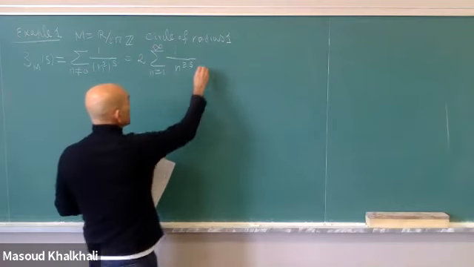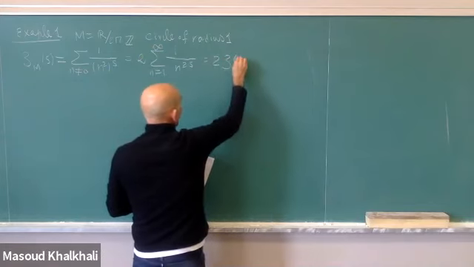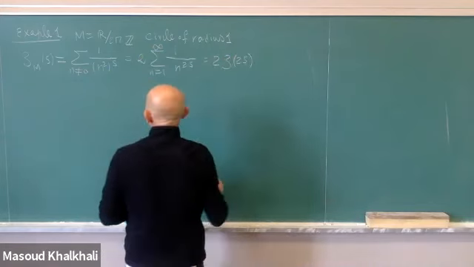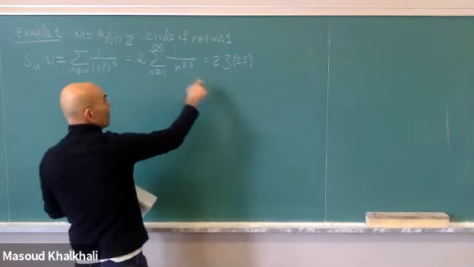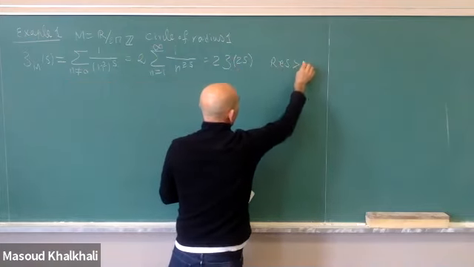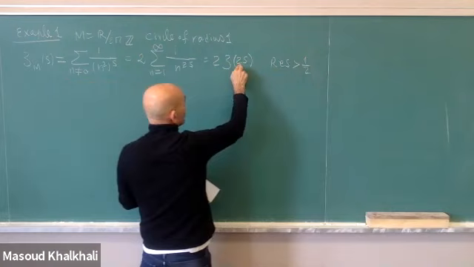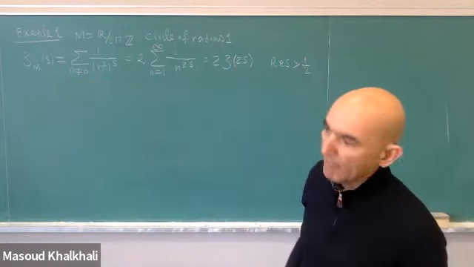Okay, so this is twice the Riemann zeta function at 2s. This is originally convergent for real part of s bigger than half. For Riemann, it's real part of s bigger than 1, but here it is real part of s bigger than half.